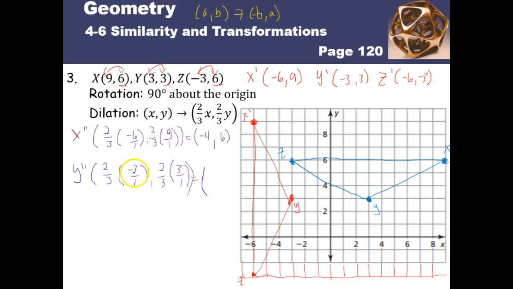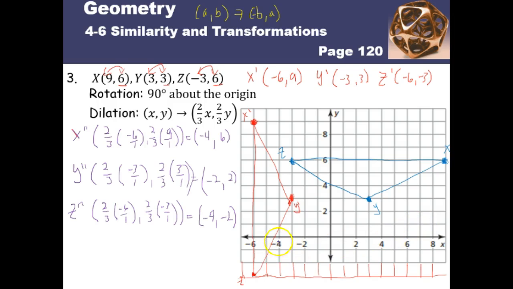And that gives me -6 over 3, which is -2, and 6 over 3, which is 2. And then lastly, z double prime is 2/3 times -6 over 1, and 2/3 times -3 over 1. And that looks to be -12 over 3, which is -4, and -6 over 3, which is -2.